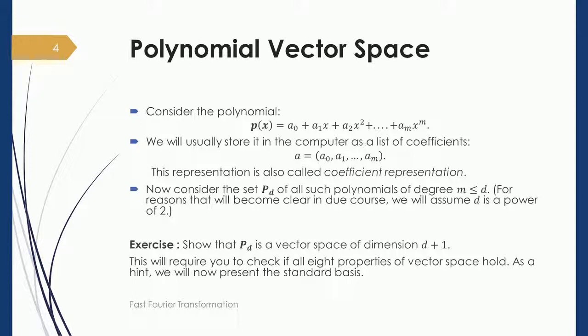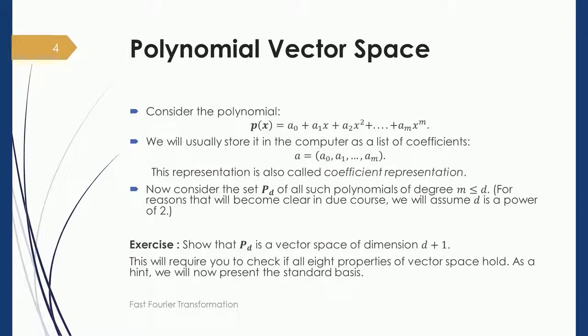This set of all polynomials of degree bounded by d turns out to be a vector space of dimension d plus 1. The vector can be represented simply by the coefficient representation, and the standard multiplication operation is the standard polynomial multiplication.